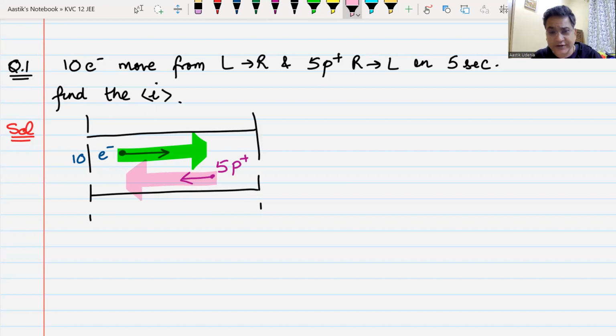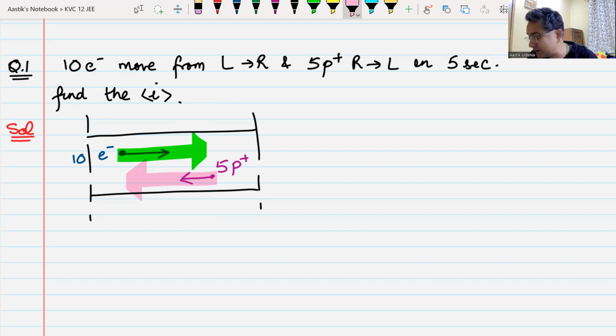Now I have to find out the current. How will I get it? First of all, tell me what is the direction of current here? Left to right or right to left? Right to left, sir. That's correct.